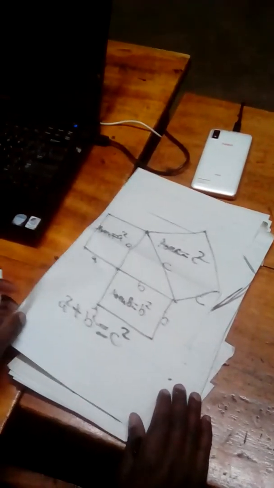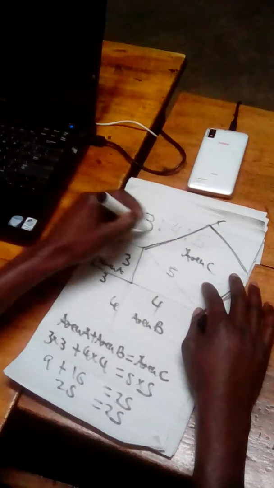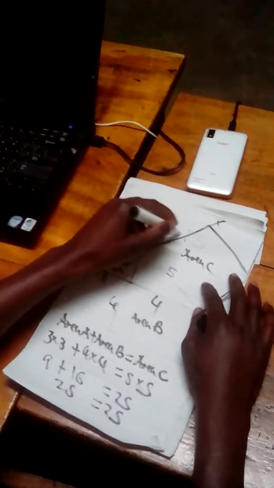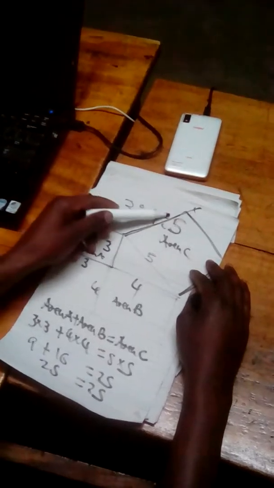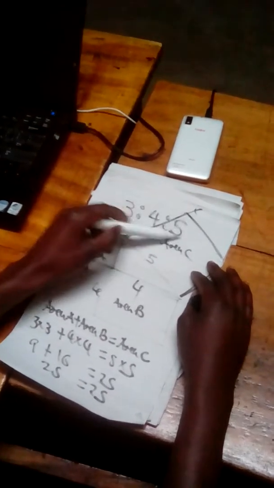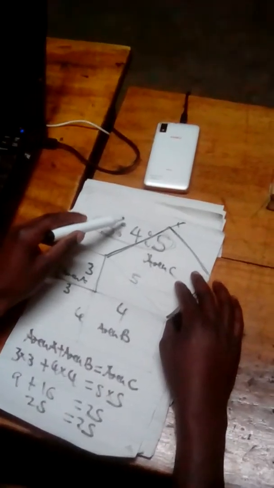Now, for any Pythagoras condition to exist, the sides should be in the ratio 3, 4, 5, meaning that one side should have 3 units, the second adjacent side should have 4 units, and the longest side, which is the hypotenuse side, should have 5 units. So the basic ratio that will make a right triangle is 3 ratio 4 ratio 5.